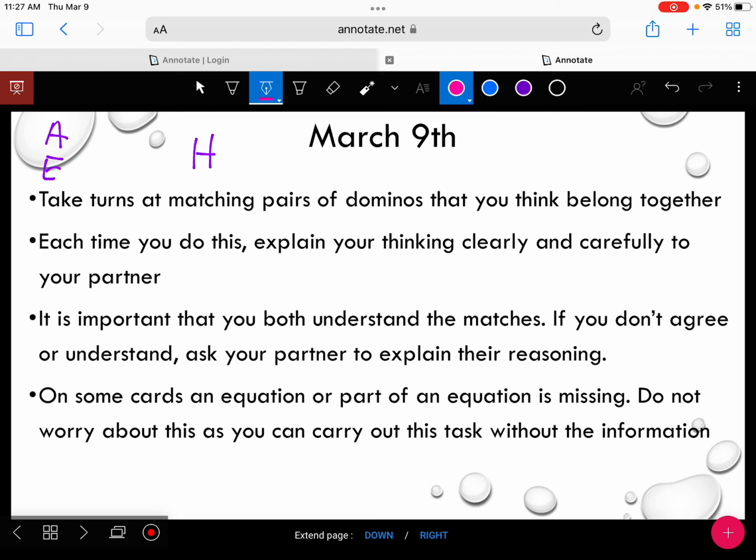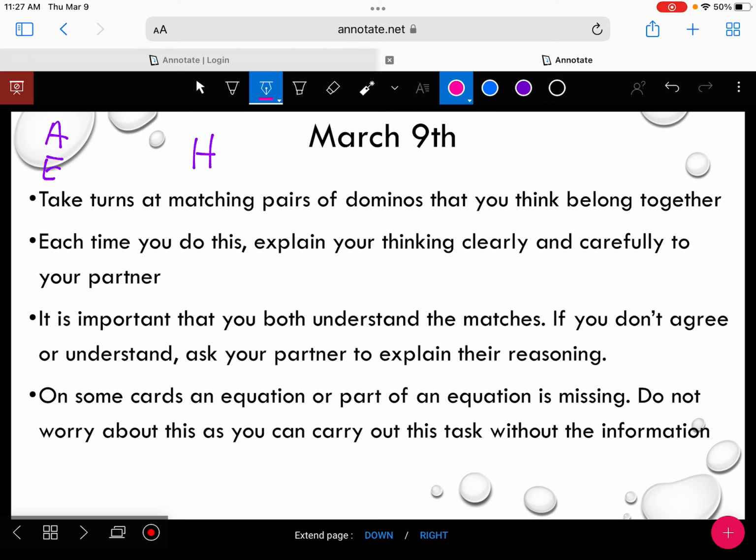Because I'm going to walk you through setting them up. Because unless you've played the game Dominoes recently, it's weird. So what you're going to do is put H in the middle. A and E go on either side of it, and you're going to have to figure out how.